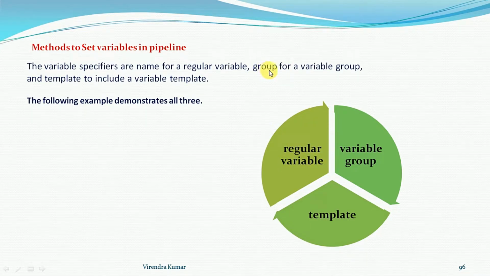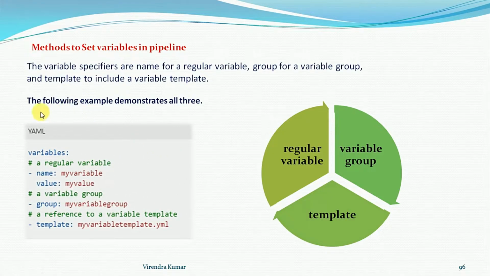Then if you have a group of variables, you can set them through a variable group. And third, if you have YAML pipelines, we can use and set the variable in another pipeline through a variable template, which we call the variable template.